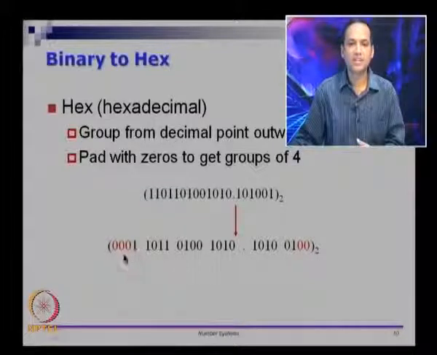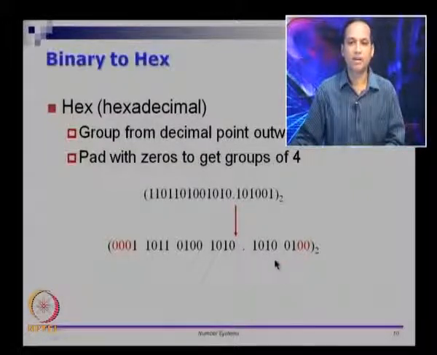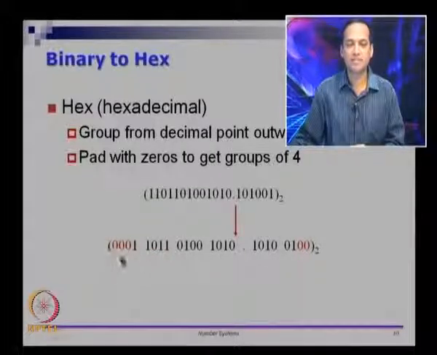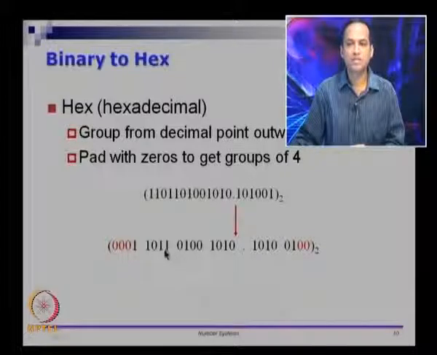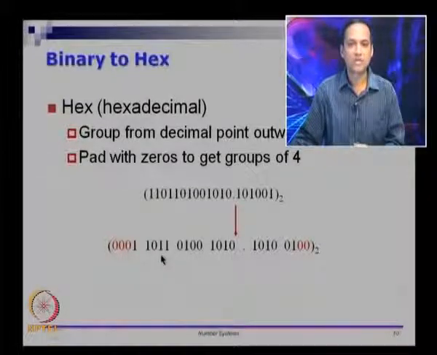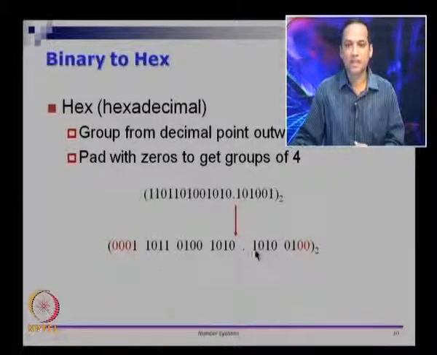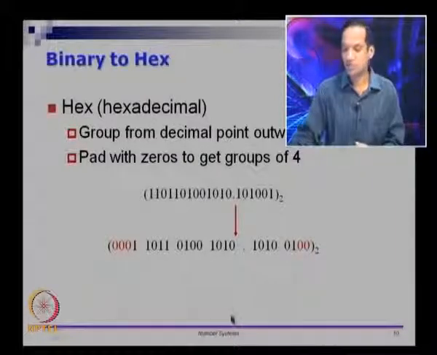So, in this case we padded 3 zeros and we stopped, in this case we padded 2 zeros and we can stop, because we have the hexadecimal representation for this. So, let us see what the hexadecimal representation on the left side is. 0001 is 1 itself, 1010 stands for number 11, or it is actually B in the hexadecimal representation, 0100 is 4, and 1010 stands for 10 or A. Again 1010 here stands for 10 or A, and 0100 is 4.